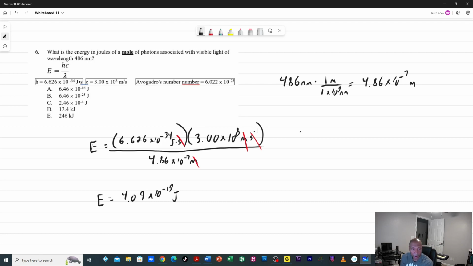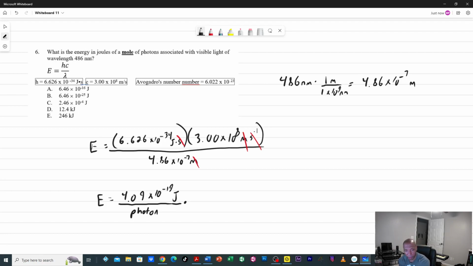Okay, now what I'm going to do right here is, since this is the energy per photon, I'm going to say joules per photon, because we want to cancel that out. And now I get to use Avogadro's number, because remember, a mole is 6.022 times 10 to the 23rd of anything.